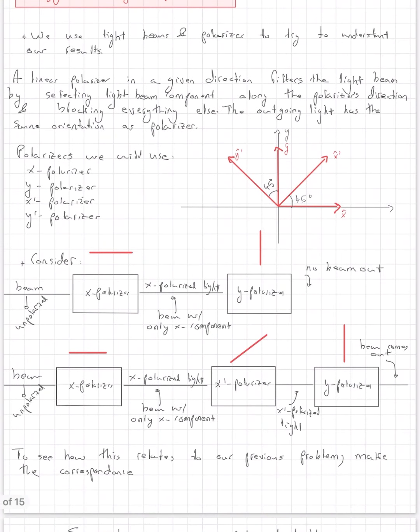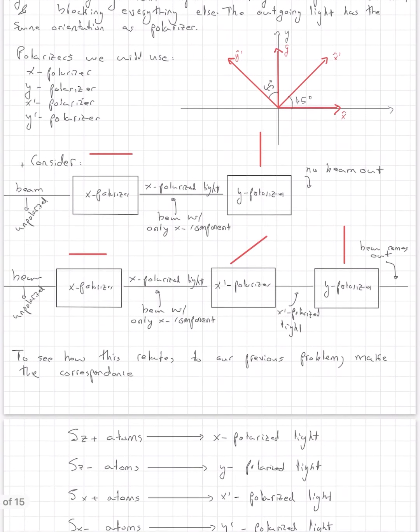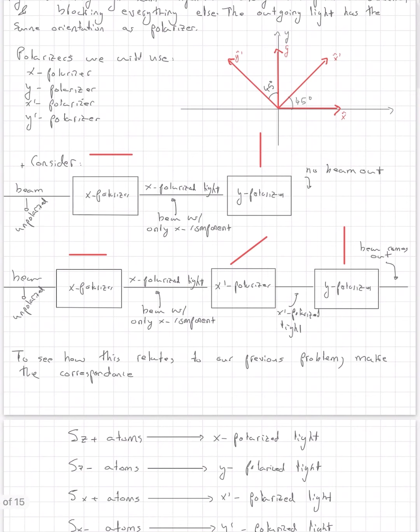We will consider some setups, and after that we will try to compare them to our Stern-Gerlach scenarios. Consider the first setup, where we have a beam of unpolarized light. Unpolarized light means that it has an equal amount of X polarized and Y polarized light. If we pass it through an X polarizer, only the component of the light that is parallel to the X-axis will pass through, and it will block all the other components.